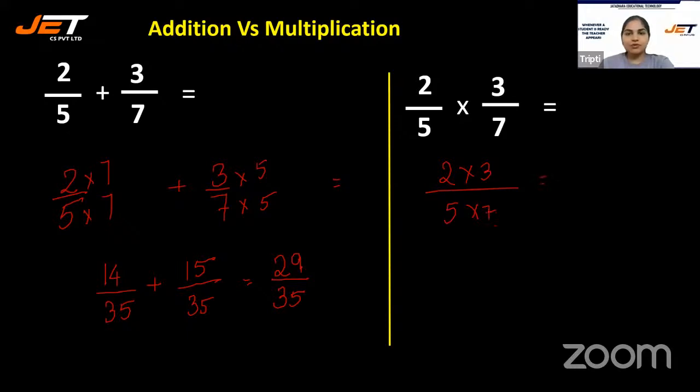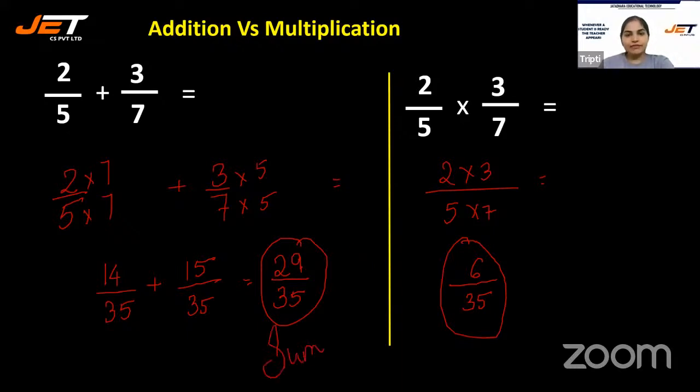So 2 times 3 is 6 and 5 times 7 is 35. So here 29 by 35 and here 6 by 35. The sum is 29 by 35 and the product is 6 by 35.